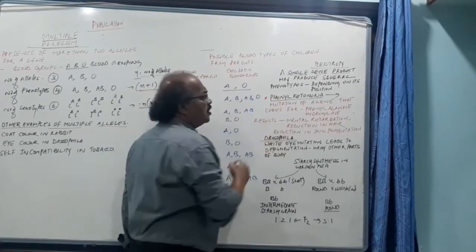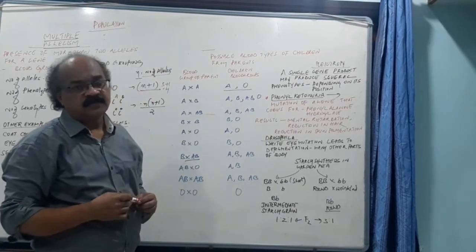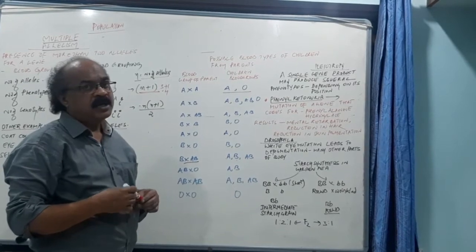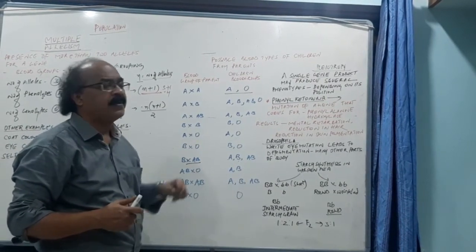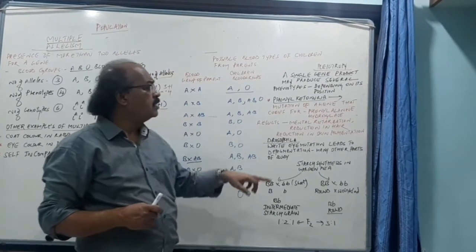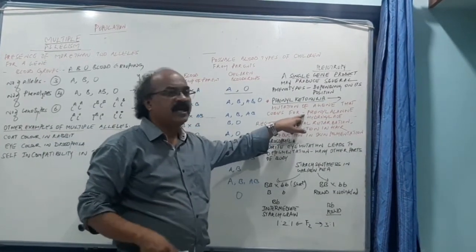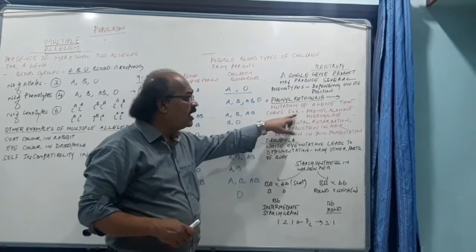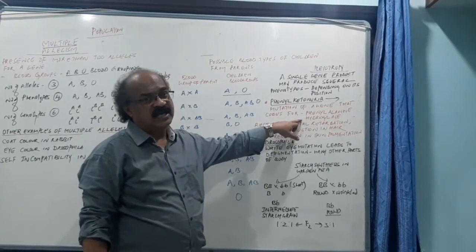Example, phenylketonuria. Phenylketonuria, here what is happening? There is one gene. That gene is responsible for coding the enzyme phenylalanine hydroxylase.